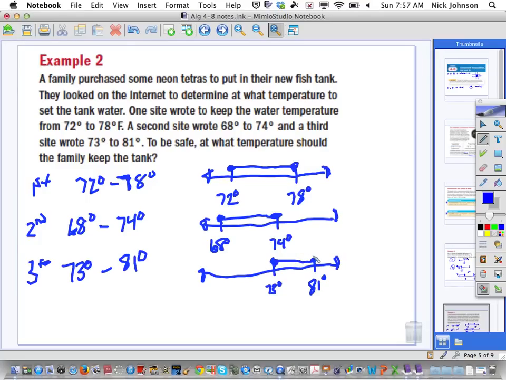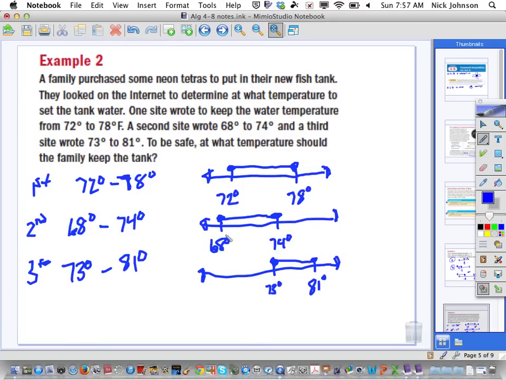So all very different. So when you look at these, what we're probably going to want to do is see where all these intersect. So we want all the temperatures where they are all common. Okay? Well, from here, this is going to be very tough because this has 72, this has 68, this has 73.